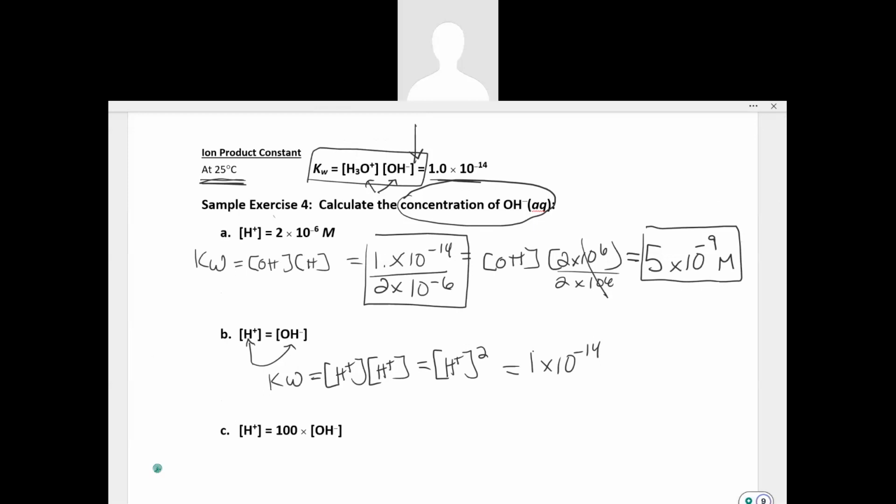So what we can do to solve for H plus, which we know will be equal to our hydroxide, is take the square root of both sides. And in this case here, we'll see that that's equal to 1.0 times 10 to the negative 7th molar. Again, this is both the hydroxide and the hydrogen ion or hydronium ion concentration.